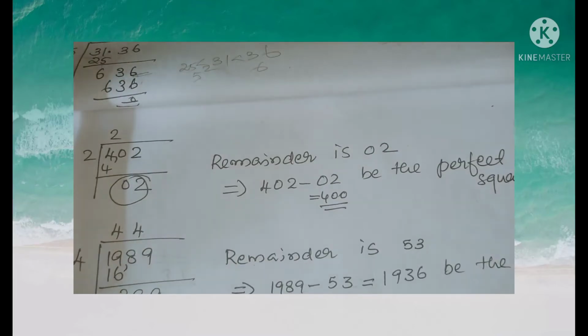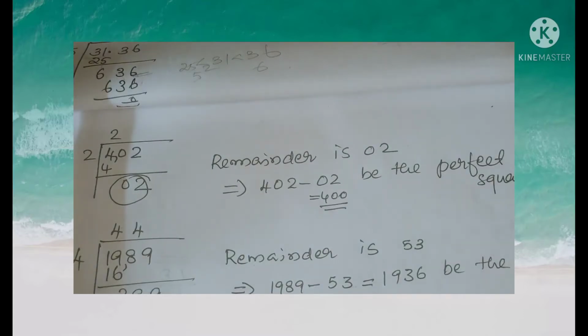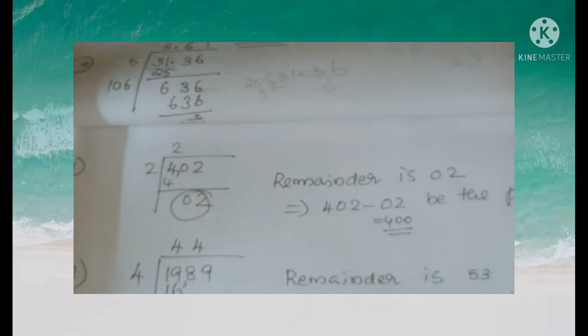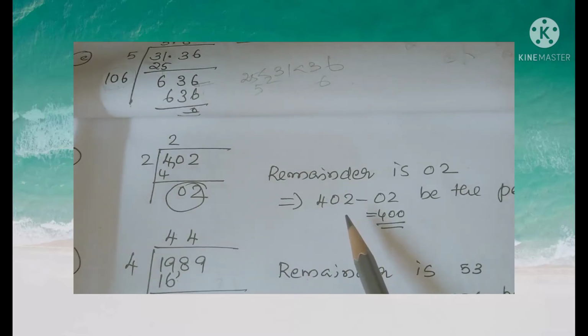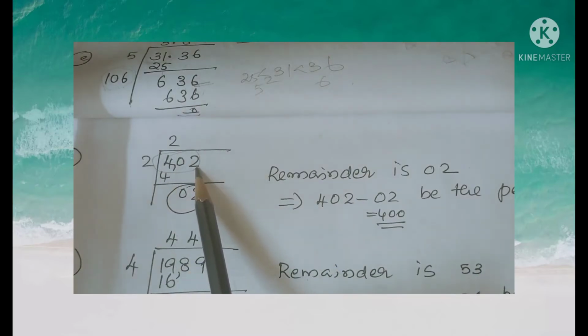Next question: which number is to be subtracted from the given numbers to get a perfect square? Here we use the division method for finding that number. Here 402 is the number.